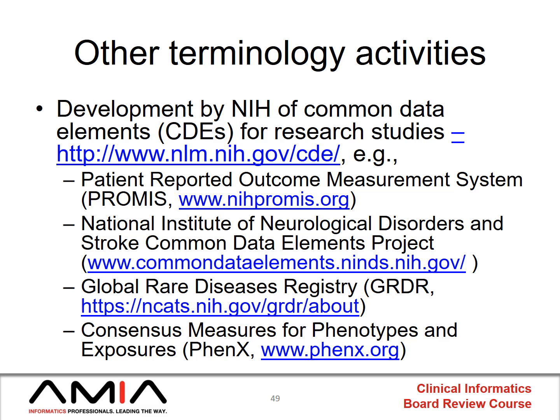There are many of these listed on the website linked here, but some examples are the patient-reported outcome measurement system, so measures of patient-reported outcomes. In the area of neurologic disease, the National Institute of Neurologic Disorders and Stroke has a Common Data Elements project. There's a global rare diseases registry that has common data elements, and then also consensus measures for phenotypes and exposures.